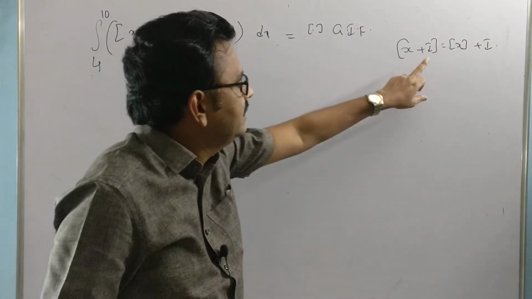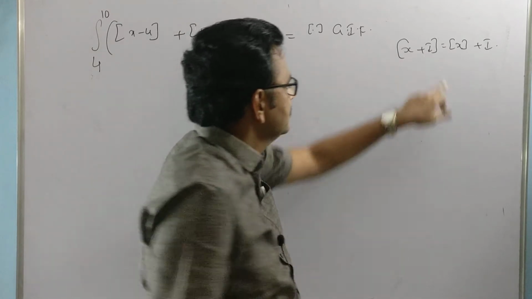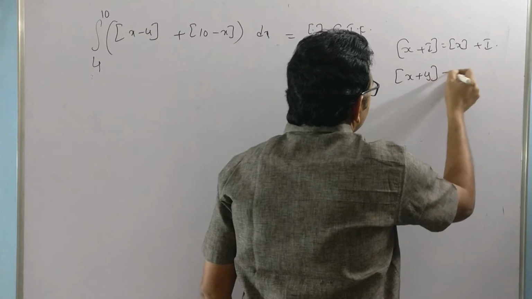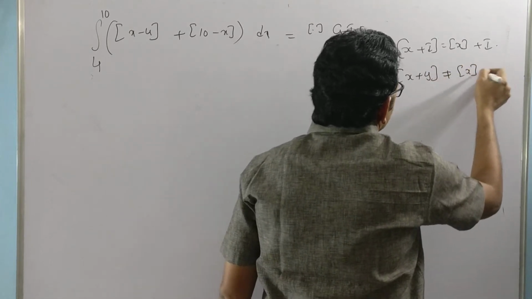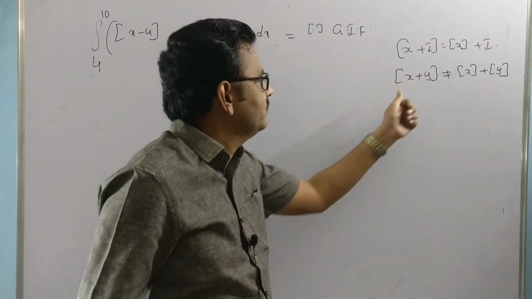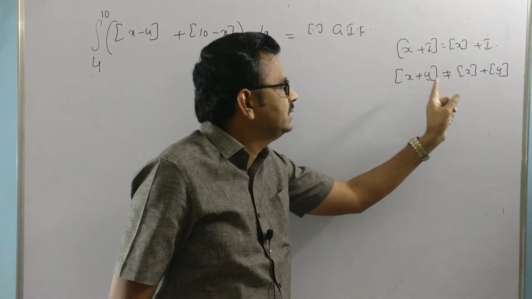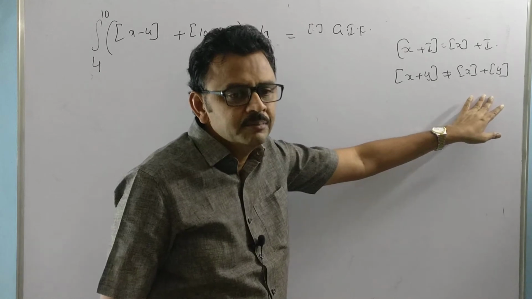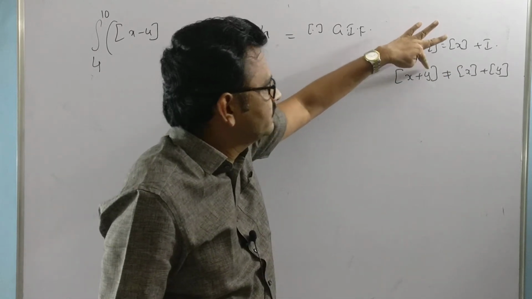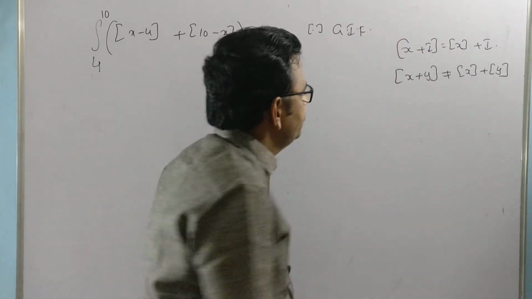Now if I is an integer, then fine, otherwise it is wrong. [x plus y] cannot be written as [x] plus [y]. If x and y are integers, or any one is an integer, it is possible to write. Again, we don't know the nature of x and y.